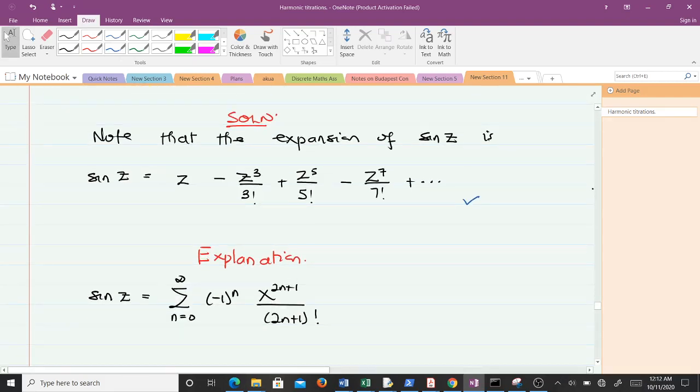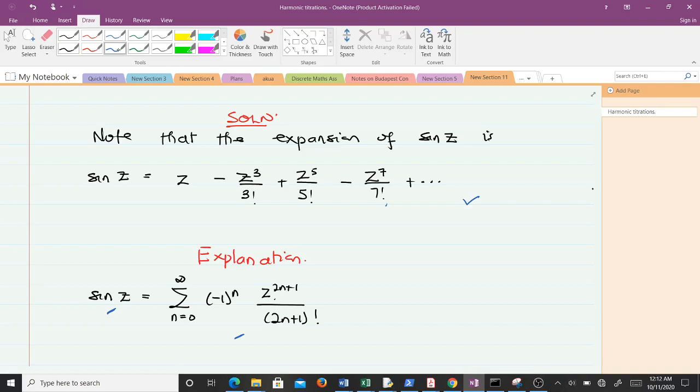So the explanation I can give to you is that the Taylor series for sine z is given by this power series here. So when you expand this and you collect some terms, then you can have these ones here. Because this time around we're talking about sine z and not z.